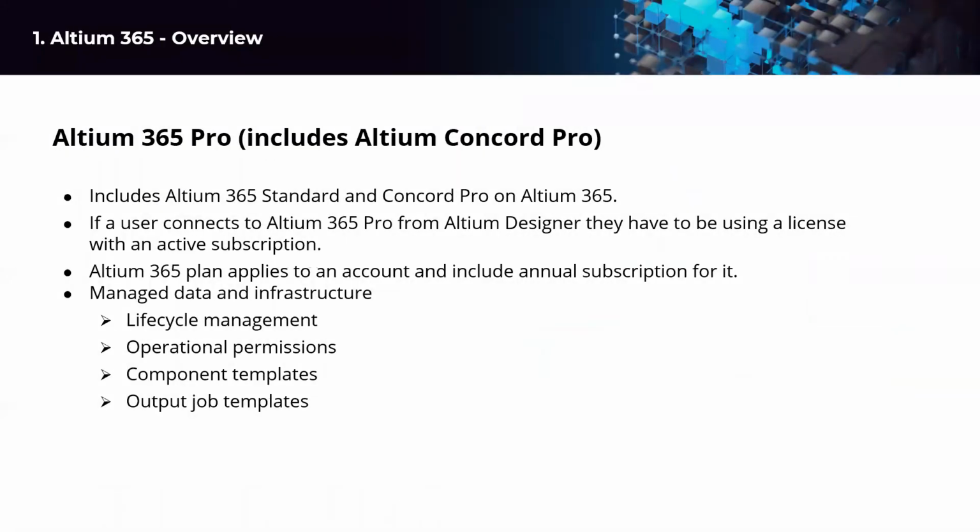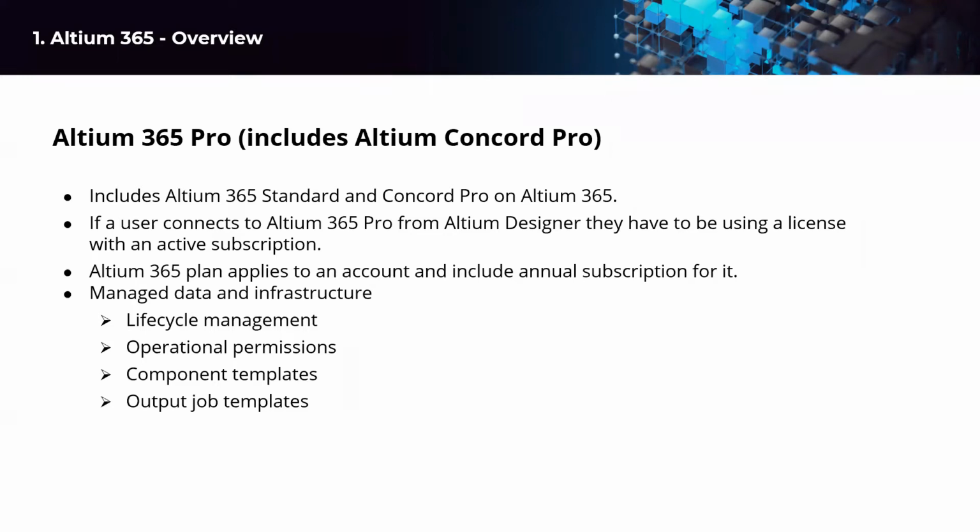When you go for Altium 365 Pro, it includes, along with the Standard, Altium Concord Pro, hosted in Altium 365. That is called Altium 365 Pro. You should have a license under subscription, which you can renew annually.